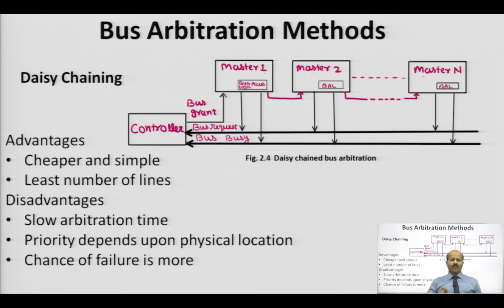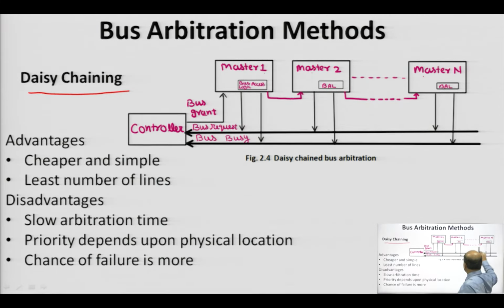The first, simplest and cheapest method is called the daisy chaining method. In this case, several masters are connected through common lines, that is bus request and bus busy.